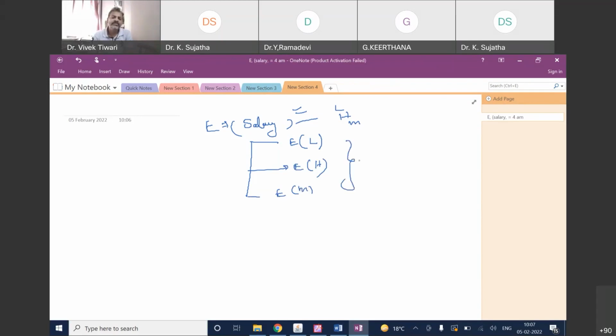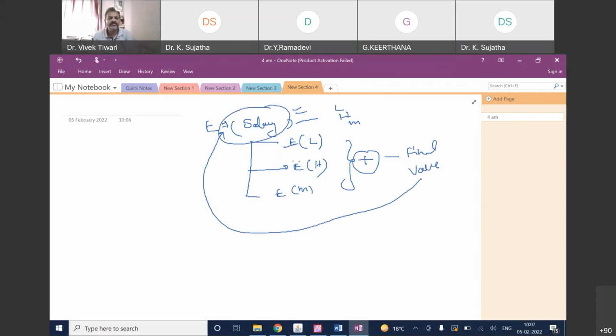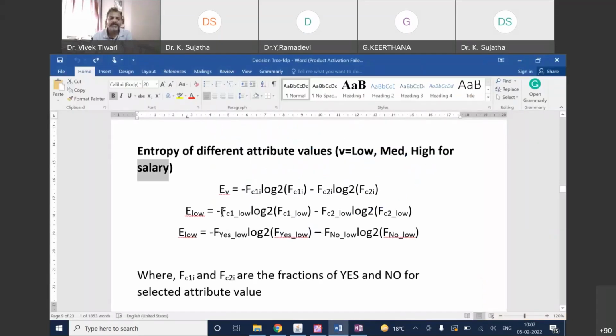Then we have to combine them. Whatever final value you get, you will call it the entropy of salary. So directly you can't calculate the entropy of the salary. You have to go one by one. Okay. How? Here you need to understand.